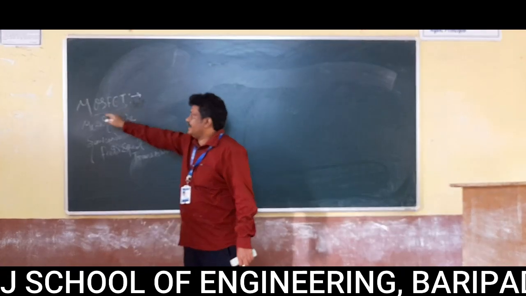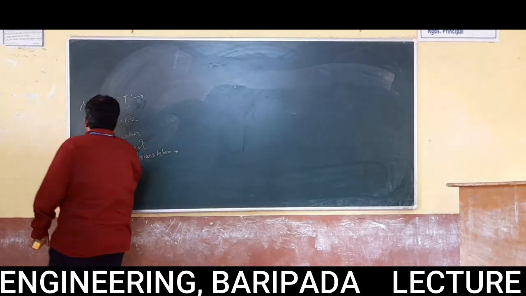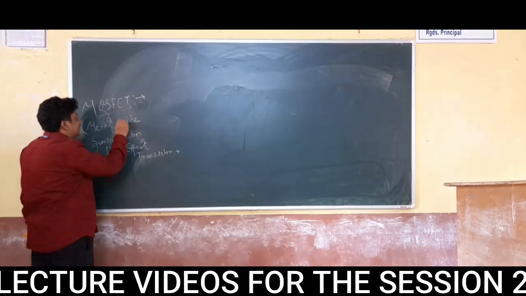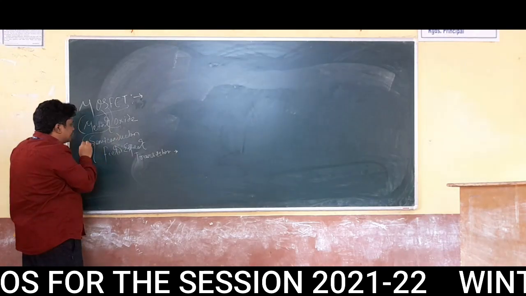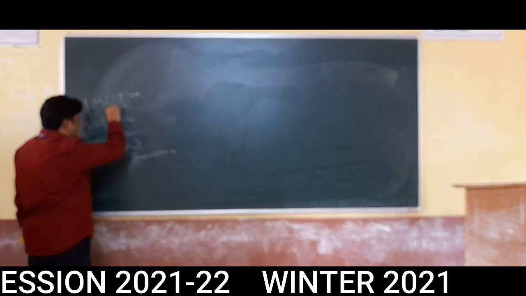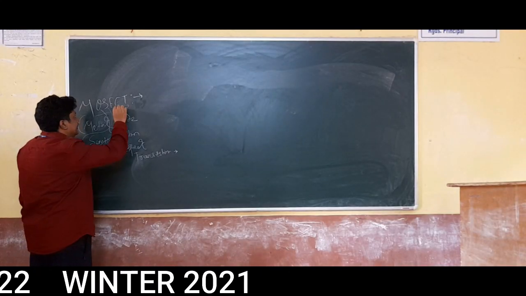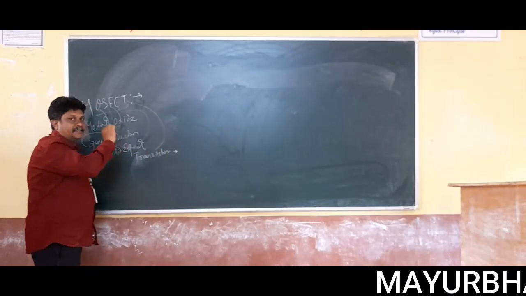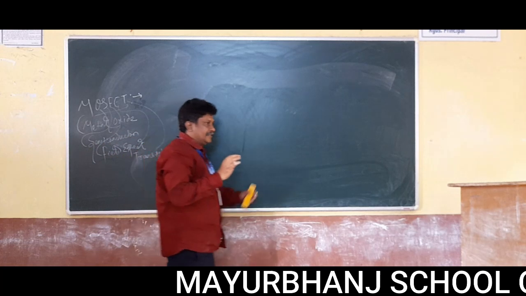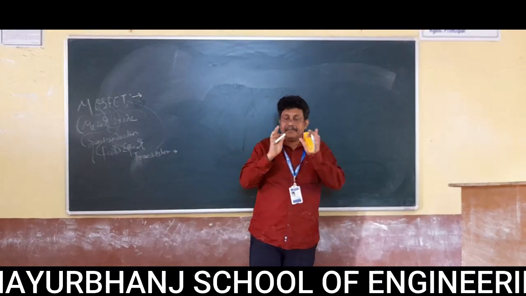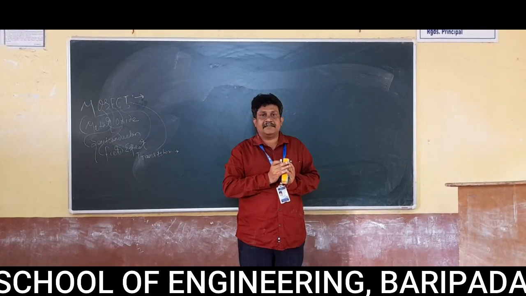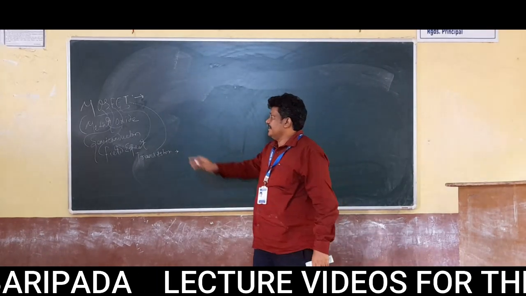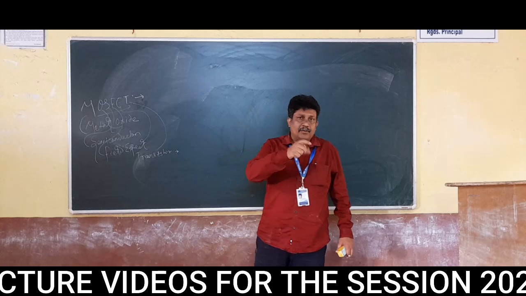You must remember M stands for metal, O stands for oxide, S stands for semiconductor, F stands for field, E stands for effect, and T stands for transistor. This is the reason why it is known as metal oxide semiconductor field effect transistor, or we can call it MOSFET. So what is the difference?